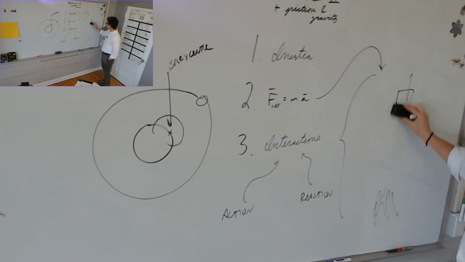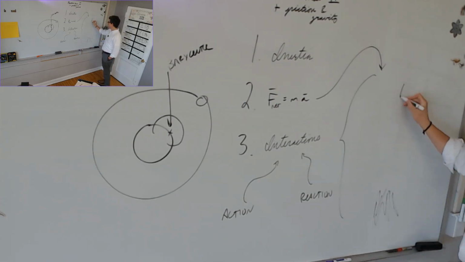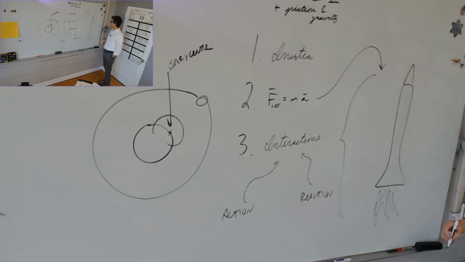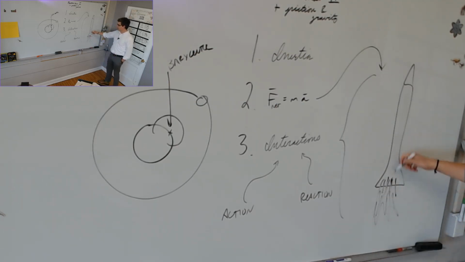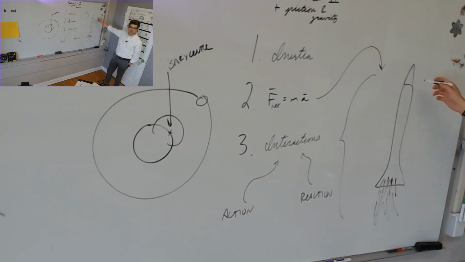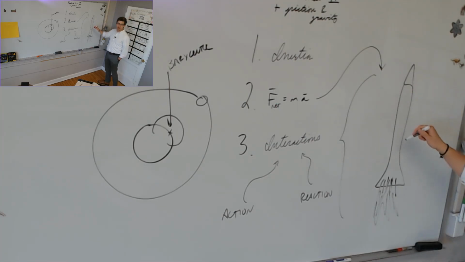Now, same thing, except the bullets are gas molecules, and the gun is a rocket. That's how rockets work. The firing out of the gas the rocket produces causes the rocket to accelerate. This is not at all like a plane or a sailboat or a car or a bicycle that relies on some outside force.